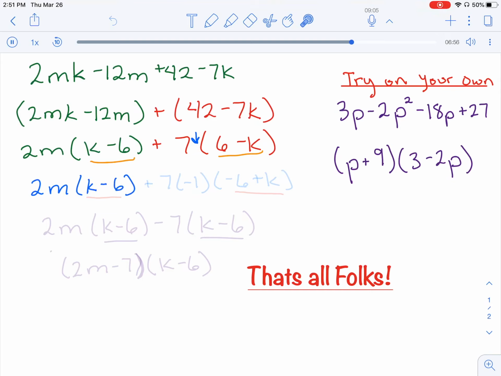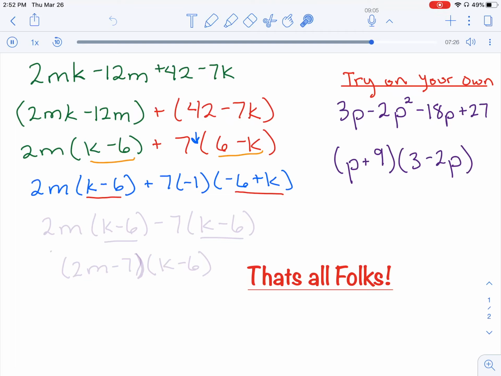And for the back, I now have 7 times -1. And since I've pulled out a -1 now, this changes everything inside of the parentheses. So now I have a -6 plus k. Now, in a bit of a different order, but if you'll notice, I have a positive k and a -6 here, positive k, -6 here. So now all I have to do is rearrange things and it will work out perfectly.